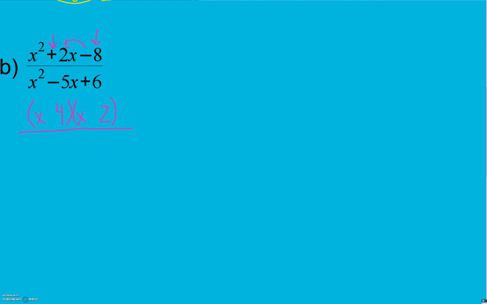And my bigger number, 4, always gets the sign in the middle, plus, and the other is minus 2. You can FOIL it real quick to check: x squared minus 2x plus 4x minus 8, which gives me x squared plus 2x minus 8.